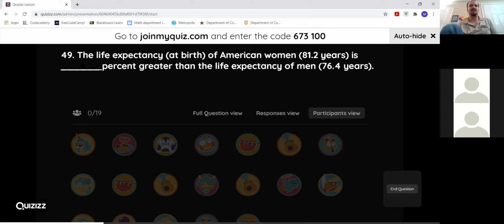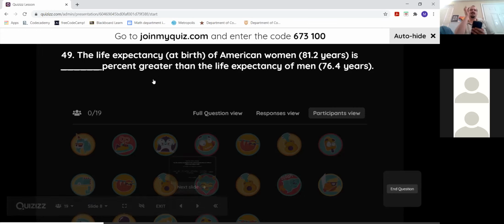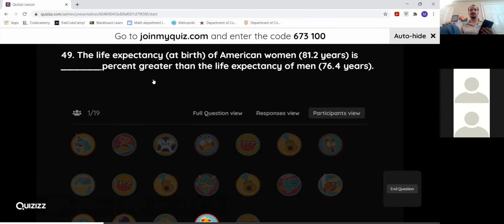And two decimal places. You don't have to put a percent sign on there because it says it in the problem. If you did, it would be redundant technically.